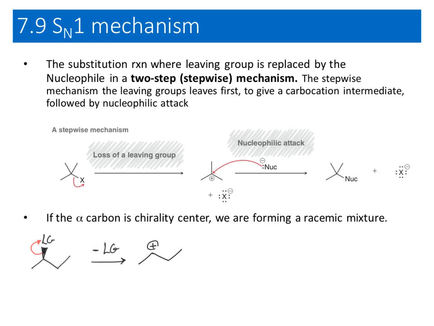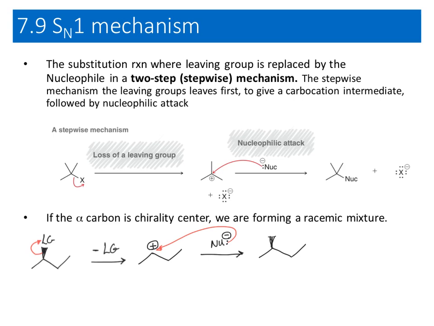So since we are forming a carbocation, if that carbocation can do rearrangement to become more stable, it will definitely do it. However, here we cannot form a more stable carbocation. So in the next step, a nucleophile will attack the carbocation to form the product.